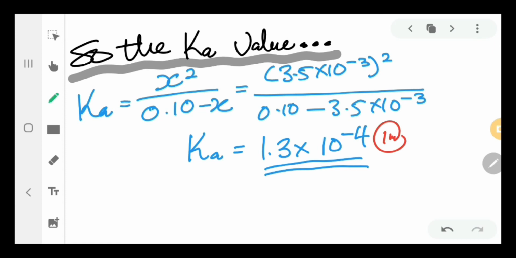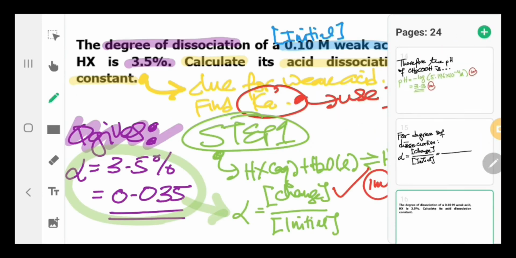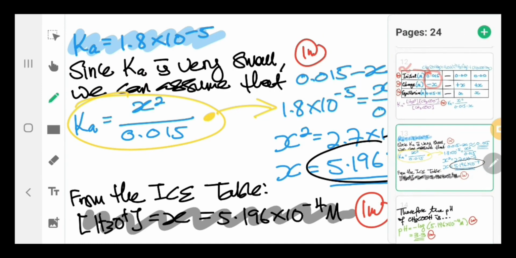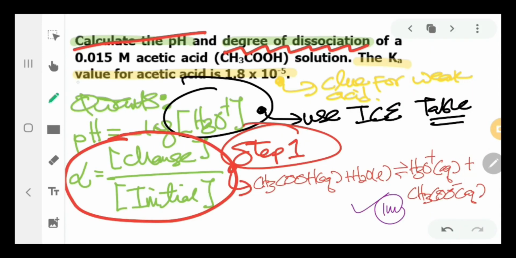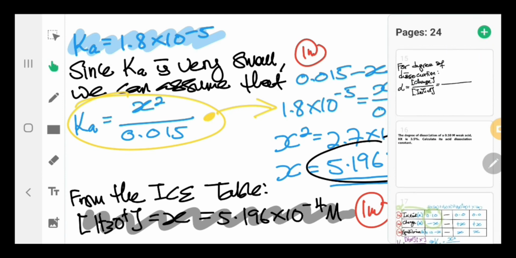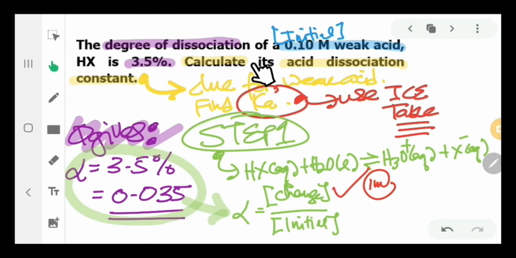So the difference between this problem and the problem that we have done before is that for that question, the Ka value is given, we know what the Ka value is. That is the reason why we can make that assumption. However, for this question, we need to find the Ka value. So we don't know whether the Ka is going to be big or small enough for you to assume.